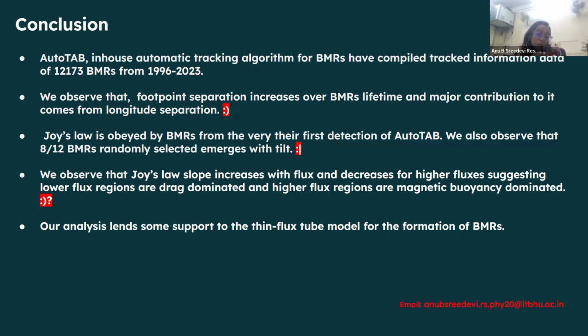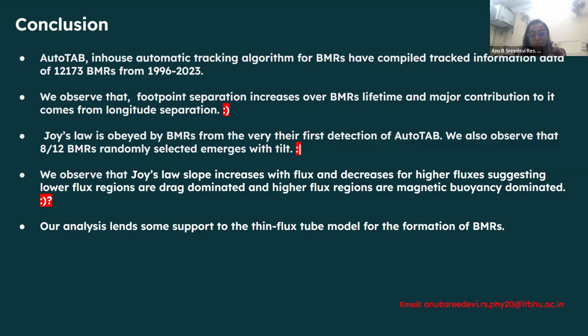You can find morphological, magnetic, tilt evolution and positional information. All the tracked evolutionary properties are cataloged, and we use this catalog to validate the thin flux tube model. We observe that foot point separation is increasing over a BMR's lifetime, and we find that statistically BMRs emerge with tilt.